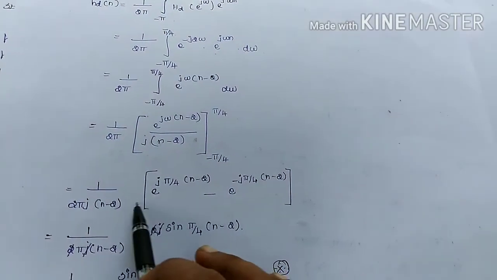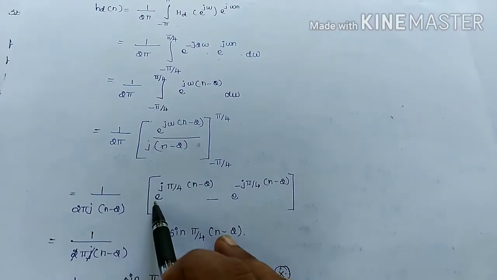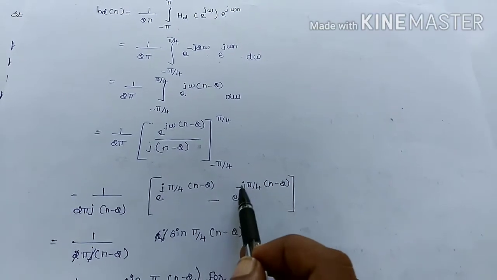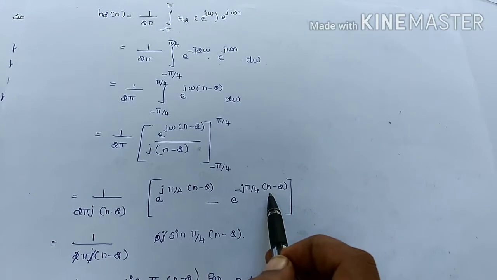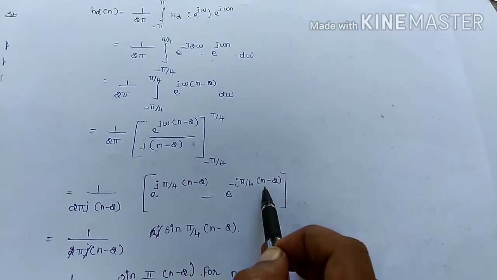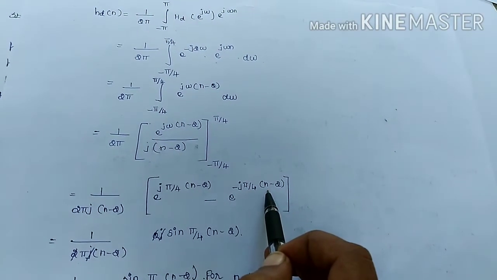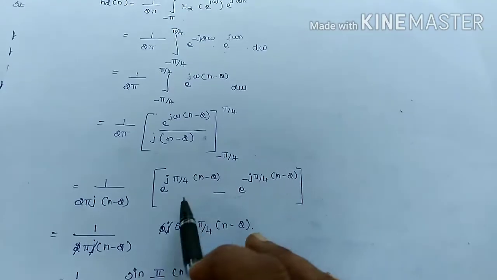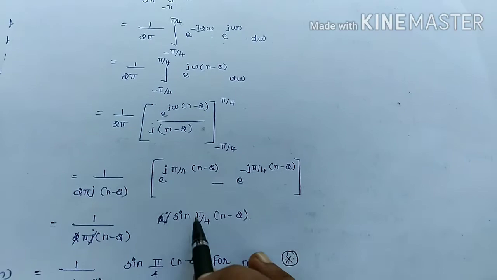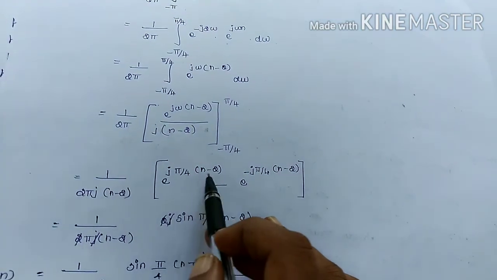This is in the format of e power j theta minus e power minus j theta. We should already know the formula that e power j theta minus e power minus j theta is equal to 2j sin theta. So this step becomes 2j sin of pi by 4 (n minus 2).